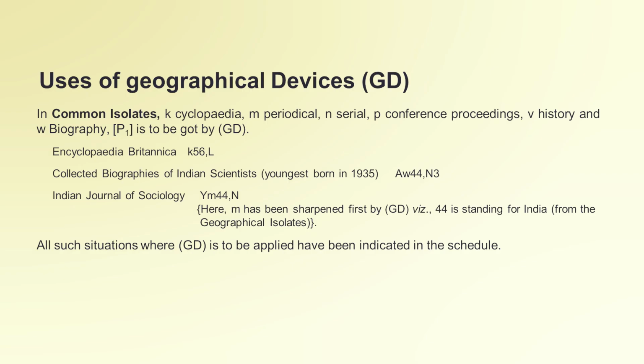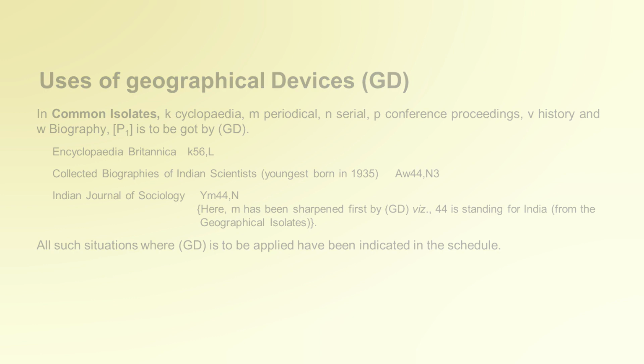So, Encyclopedia Britannica will be denoted by small k 56. Then we get the P2, that is denoted by chronological device, and it is published in the 18th century. So, the notation for Encyclopedia Britannica will be small k 56, L.